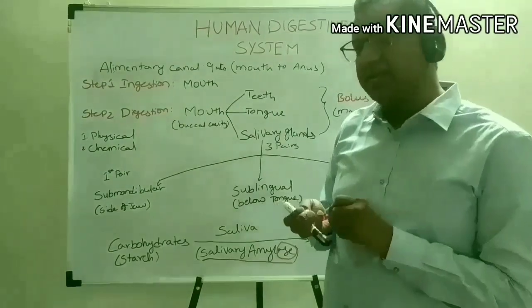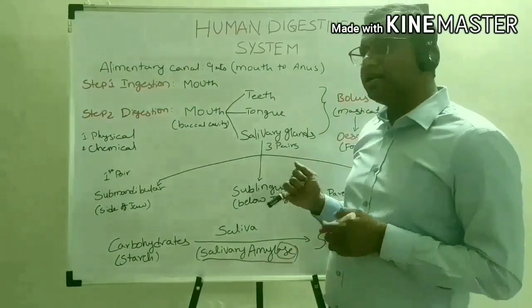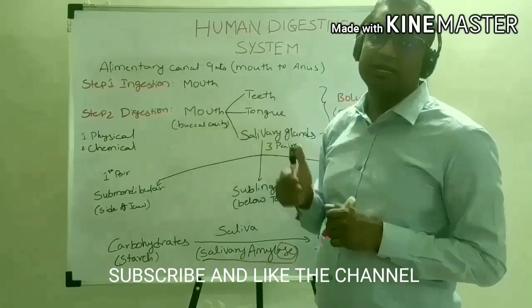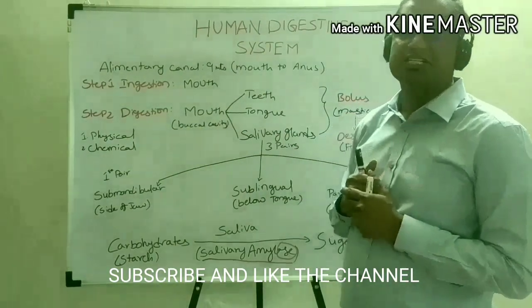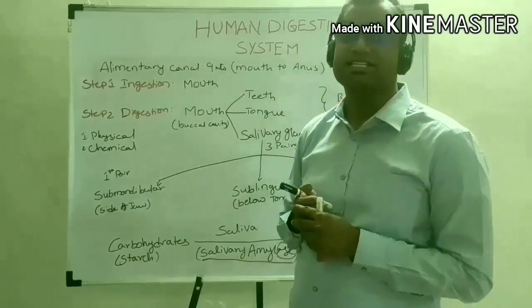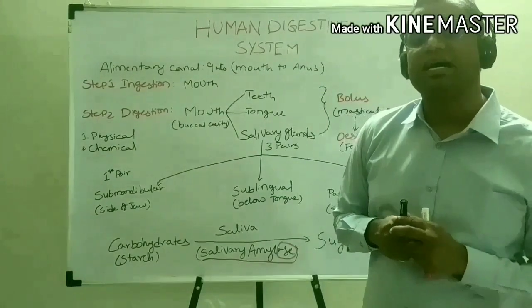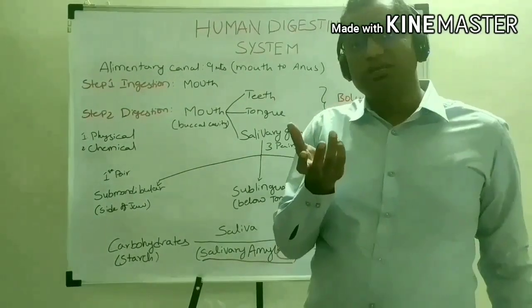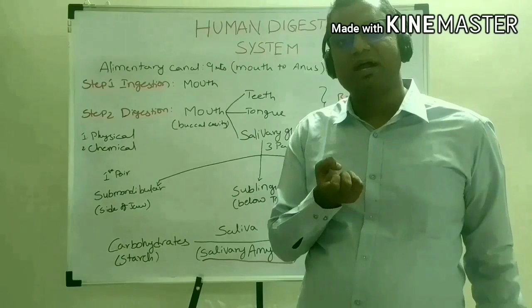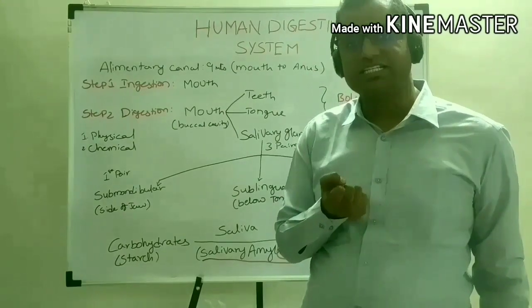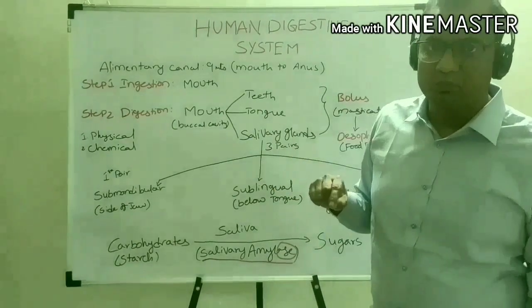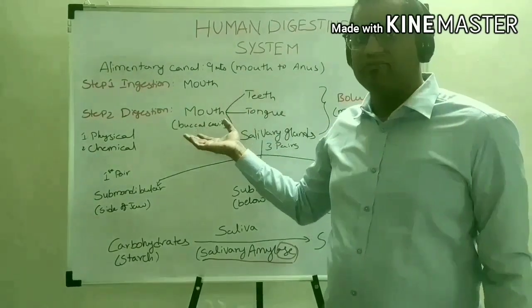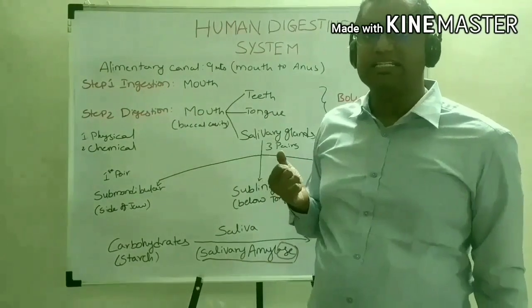Here we can say that digestion happens in two forms, that is physical digestion and chemical digestion. Physical digestion is also known as mechanical digestion. It is nothing but the breaking down of complex food by our teeth into smaller particles. The peristaltic movements of our gut also come under physical digestion.